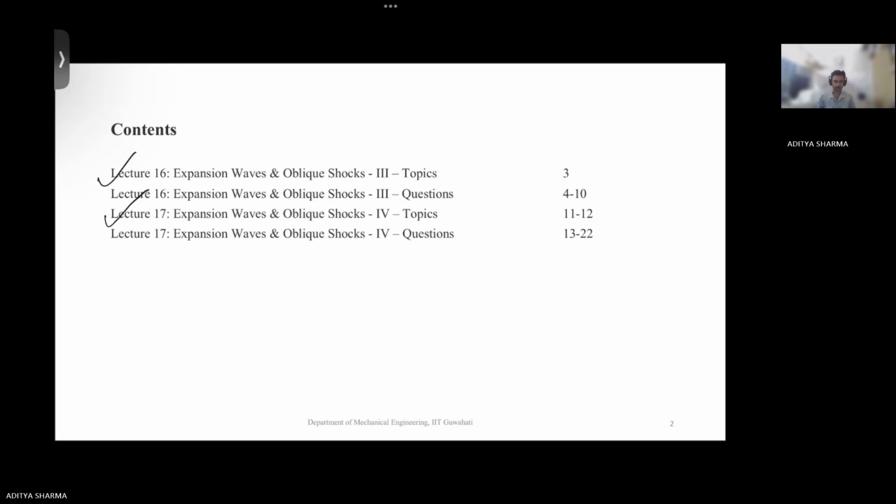So first we'll see lecture number 16 and questions related to it. Then we'll see lecture number 17 and a few questions related to it.